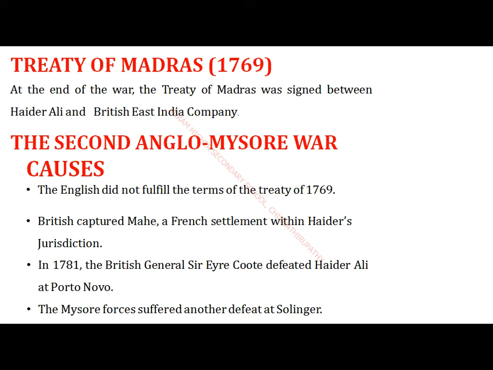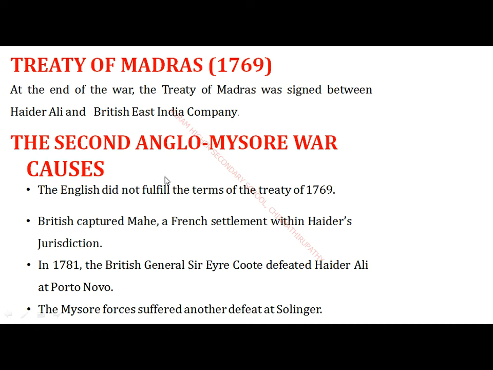Both parties returned the conquered territories and promised to help each other in case of any foreign attack on them. The treaty was signed by the two sides: the Mysore side, that is Haider Ali's side, and the British East India Company side.